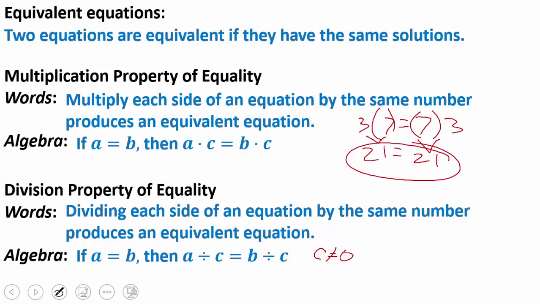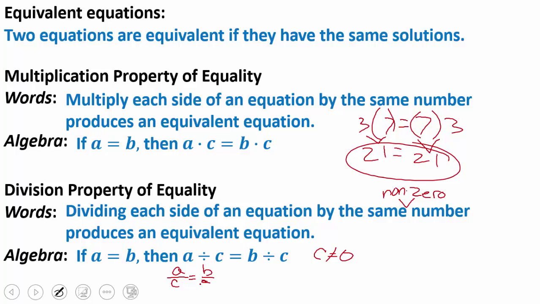Another place you could put this is up here where it says dividing each side of an equation by the same, you could put non-zero, the same non-zero number. I have to write this neatly, because I do expect you guys to write neatly. And please remember that you can also represent division using these fractional looking things.